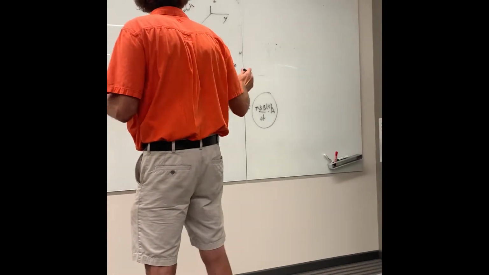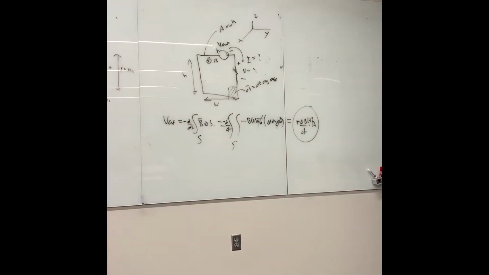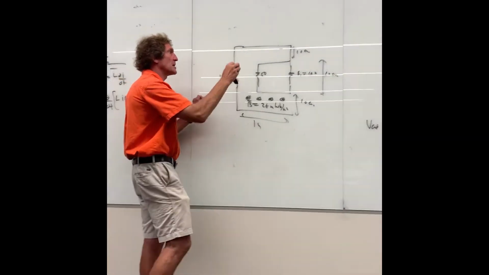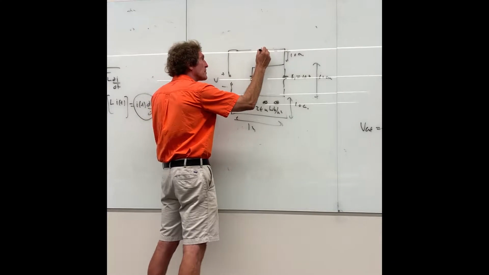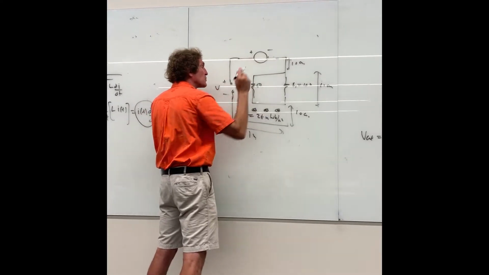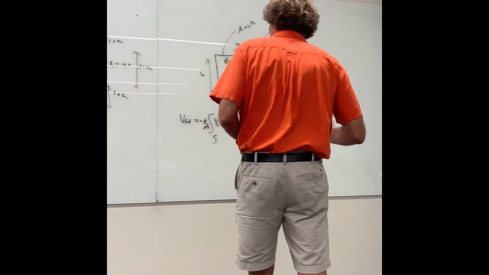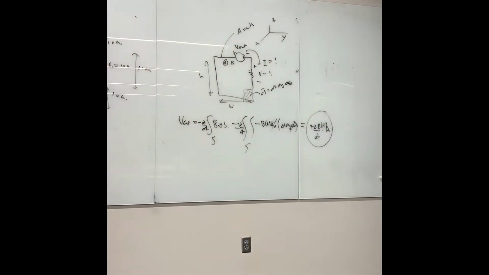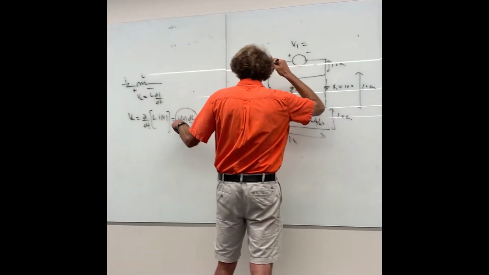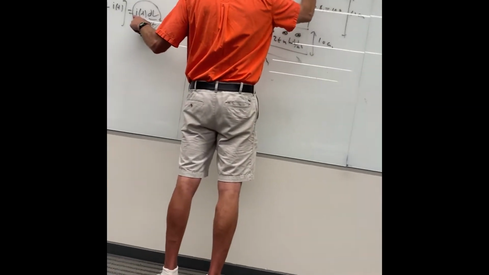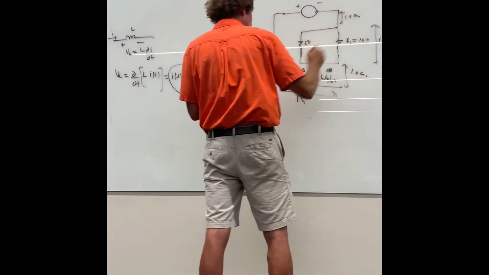That means if I look at these loops here, if you bear with me now, I can leave that open, but I can put in a voltage here, plus to minus, where that voltage is just going to be dB/dt times the area, the outer area. So this voltage, let's call it V1, would be equal to dB/dt times area 1, and area 1 will be the outer area.